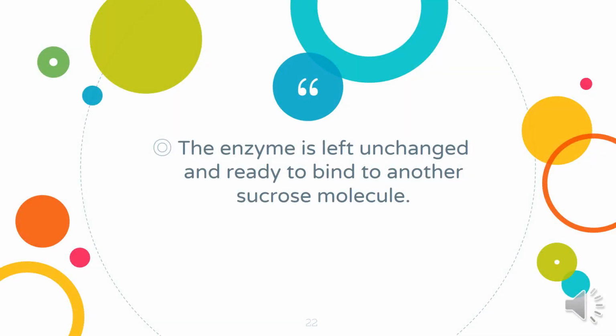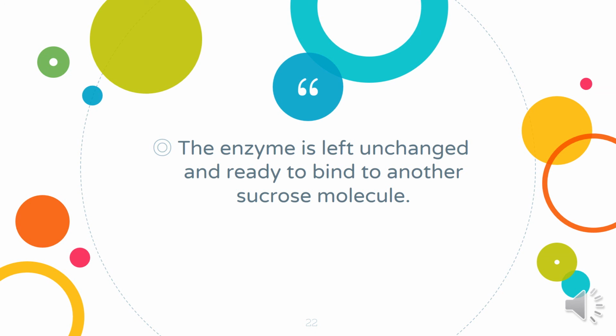The enzyme is left unchanged and ready to bind to another sucrose molecule. This is very important information: every time, after the digestion, the enzyme is left unchanged as it is, and is ready all the time to bind to another sucrose molecule.